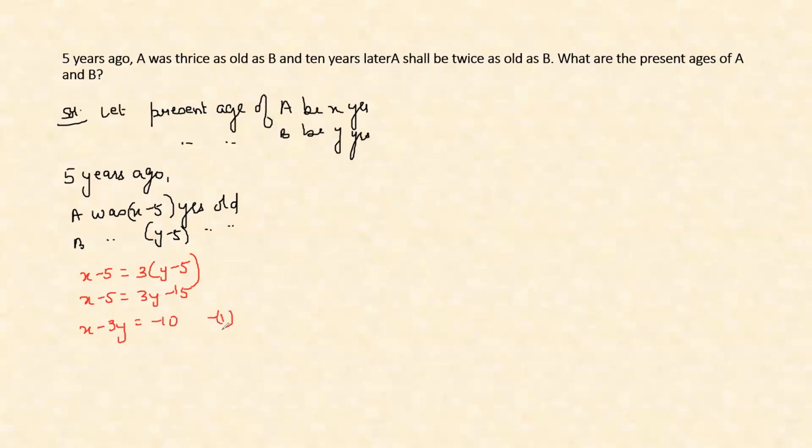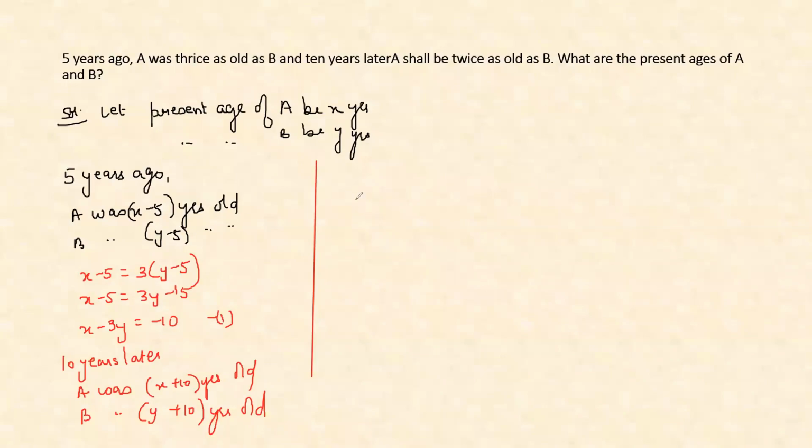This is the first equation. Second equation, 10 years later, again find out the ages 10 years later. So A was X plus 10 years old and B Y plus 10 years. Now, what is the relationship between the two?